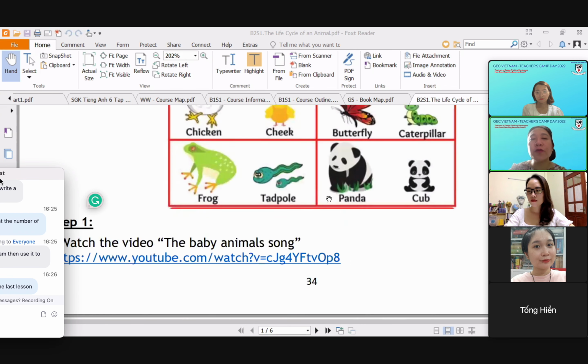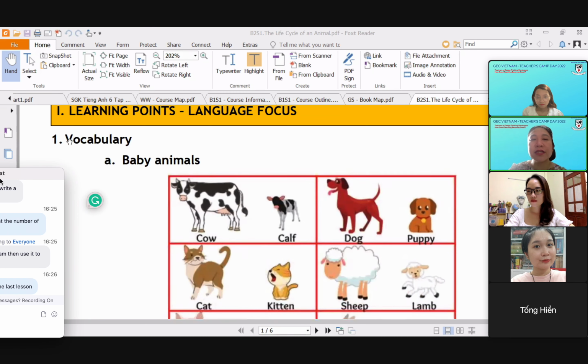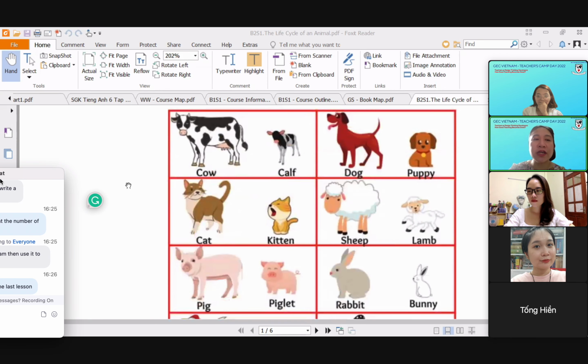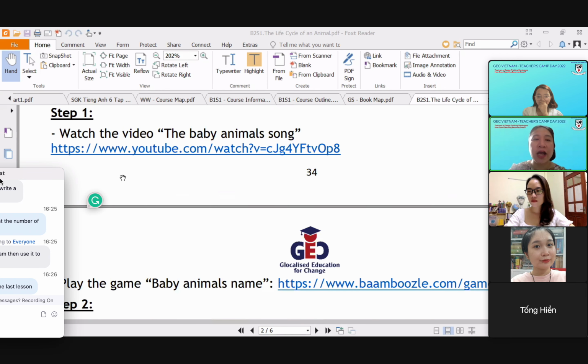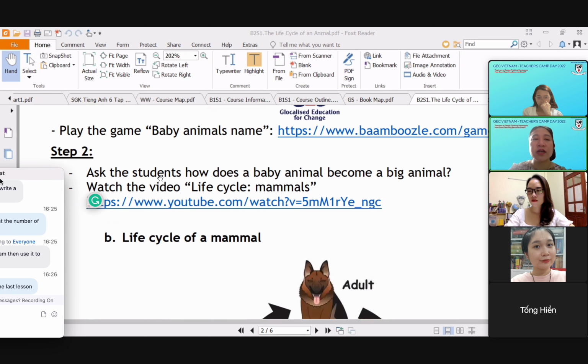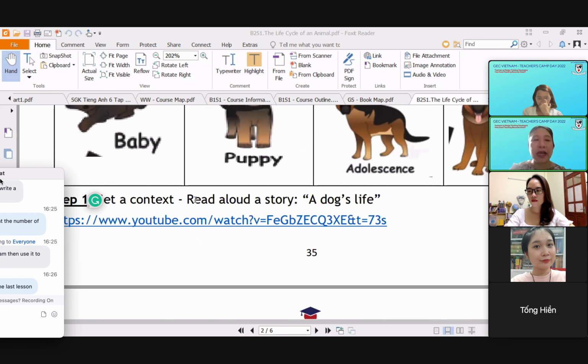It is like a guiding section for teachers to focus on, like the vocabulary, what they have to do for the vocabulary. They have to introduce a video to activate the knowledge, and to play games so that students can be exposed to the names of the baby animals, and they watch to get more information.